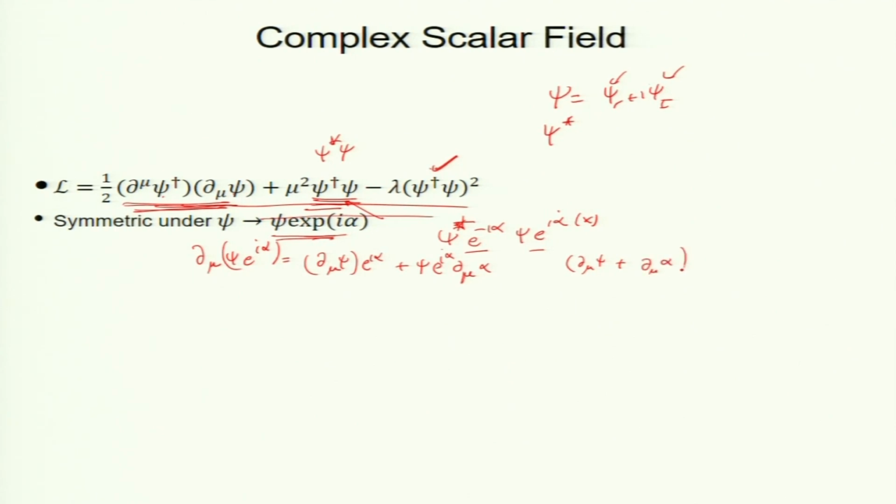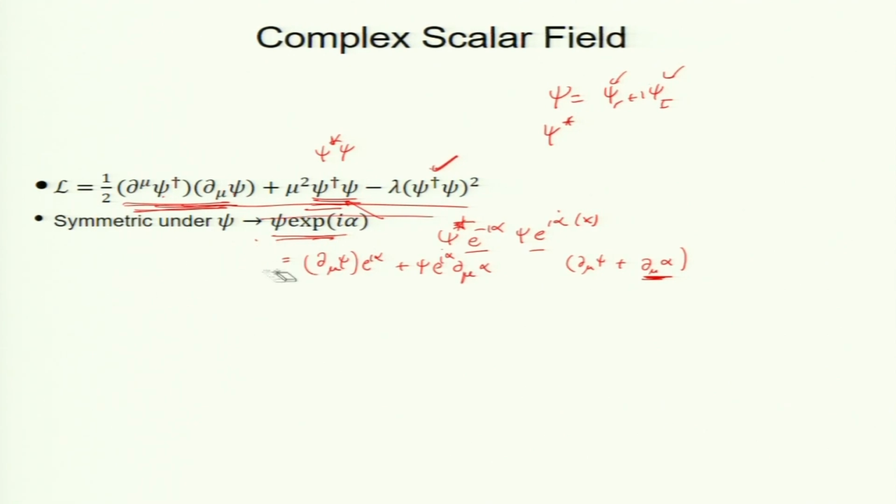This part is a problem. So alpha has to be constant in this case, because otherwise this will spoil the symmetry. So, let us start this part from scratch, from the beginning.